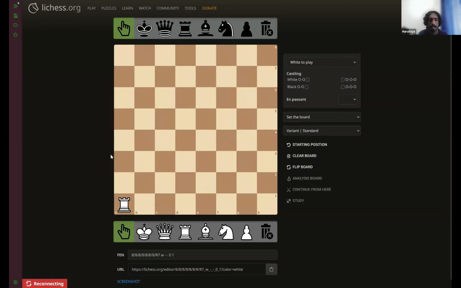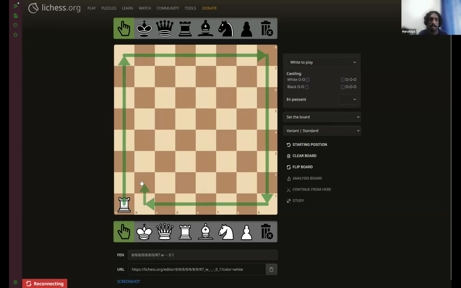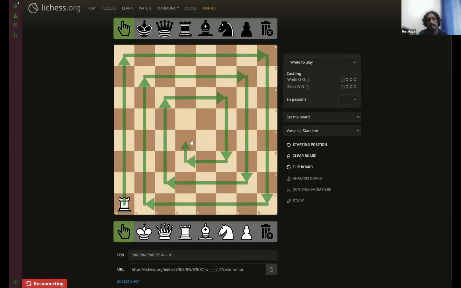A8, H8, H1, B1, B7, like that you go on till the middle square. Good job, 15 moves, sir.